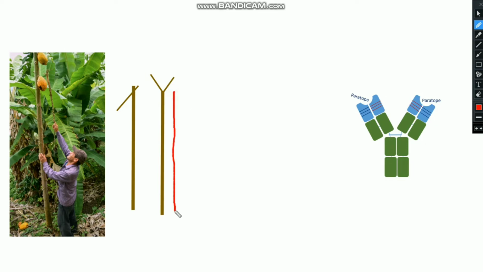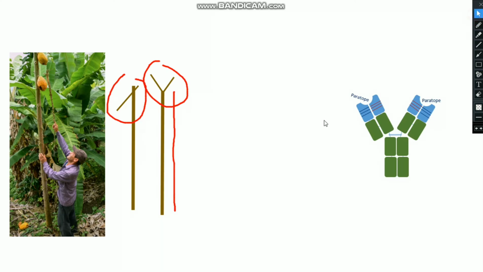It is just to hold this part, and this part we can change according to our needs, right? Sometimes there are different kinds of fruit picking sticks, but this part is always the same. This part is just to hold and make it stable.